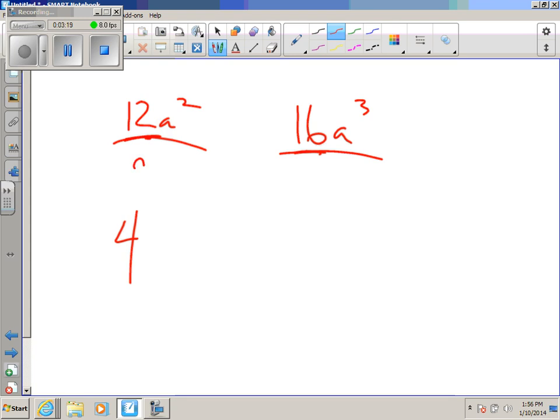Now, when you write out the variables, a times a times a times a, this gives us the a squared. That gives us a to the third. If I had these lined up right on top of each other, how many a's would they have in common?